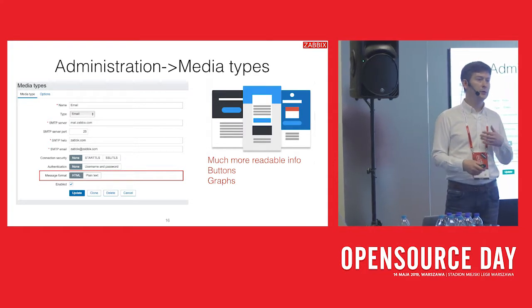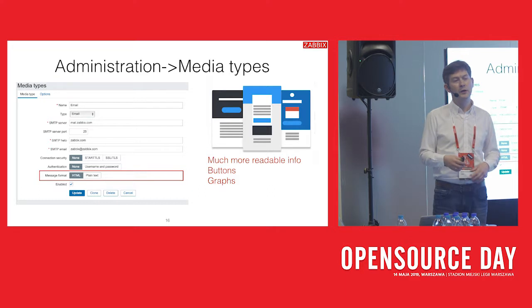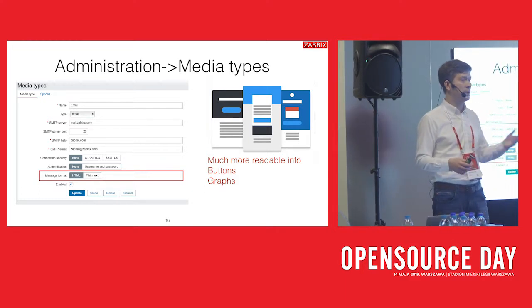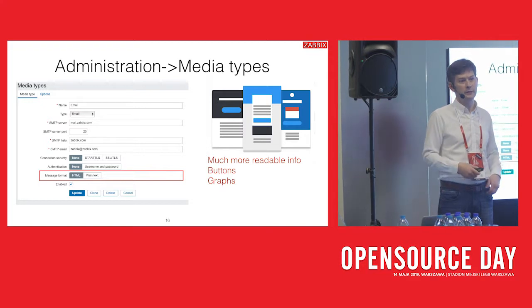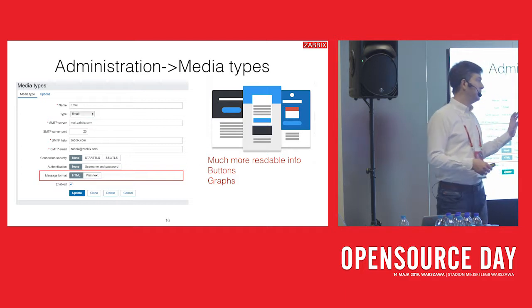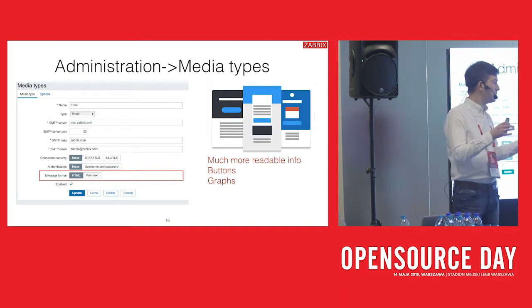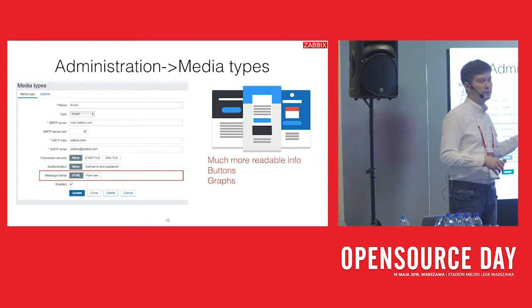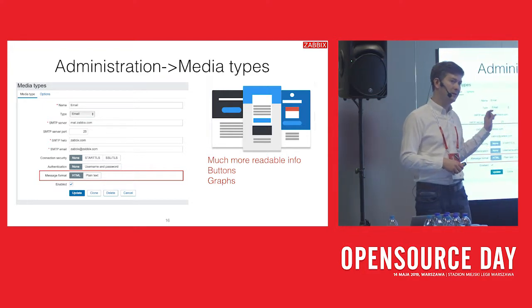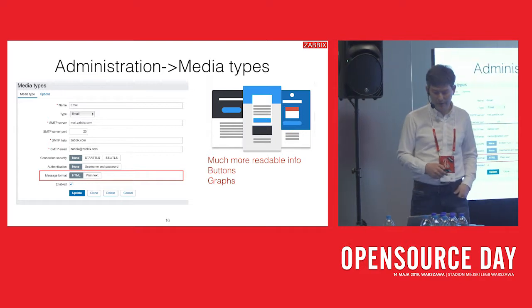For example, we may include some rich text, HTML. If we know how to use CSS, we can be much more creative. We may also add some things like buttons. If we have a little bit more technical knowledge, it's also possible to include the graphs which are generated by Zabbix itself, but it's a little bit more tricky.